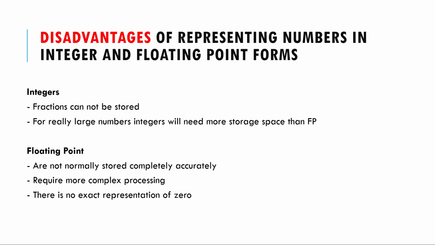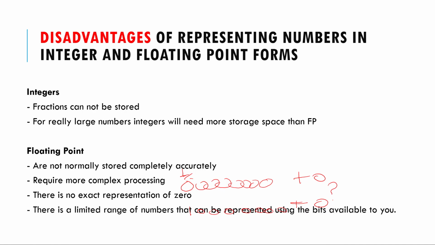There's no exact representation of 0, and by that, what it means is if you've got let's say a sign and magnitude number, and I put 0, 0, 0, 0, 0, 0, 0, 0, and I was like, well, sign and magnitude, that's plus or minus. What if you just give me that number and then you give me that number? What's that? You're having positive 0 and negative 0. What are you doing? Crazy. So that's why it's strange. Okay.